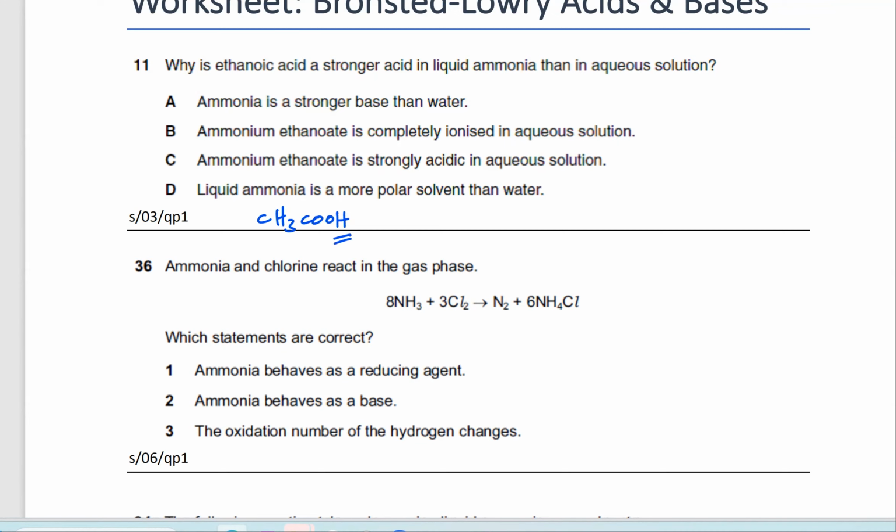He's saying that it's a stronger acid in liquid ammonia. So when it's with ammonia, it's able to lose the H+ more, but not with water. It's not going to be a strong acid with water. So what does that mean? Which statement is correct?